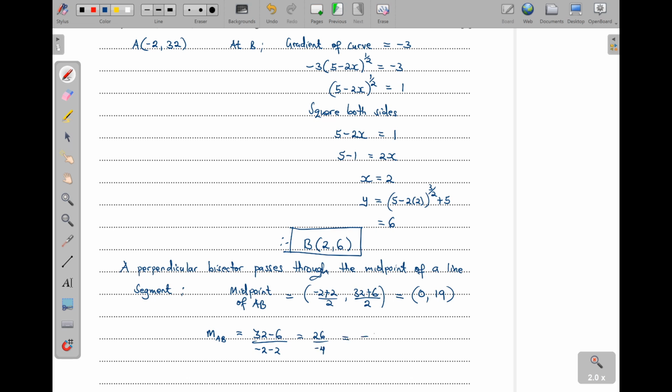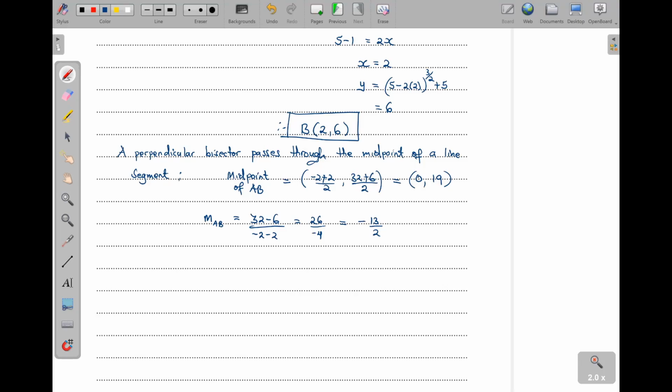Simplified by 2, that is negative 13 over 2. And then M2, of course, these are perpendicular lines. So that means M1 times M2 is equal to negative 1. So the gradient of the perpendicular bisector is going to be negative 1 divided by negative 13 over 2. Negative divided by negative, you get a positive. So that will be 2 over 13.